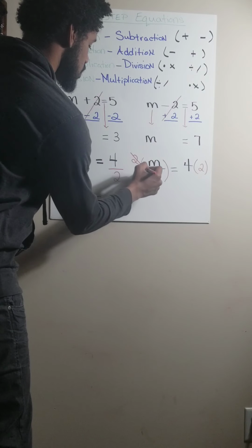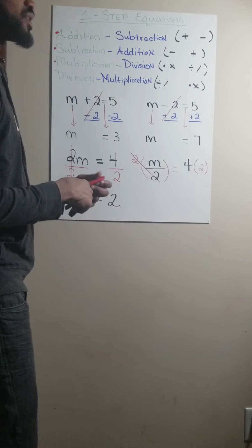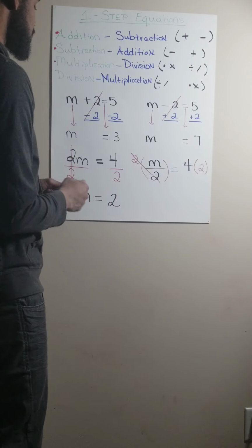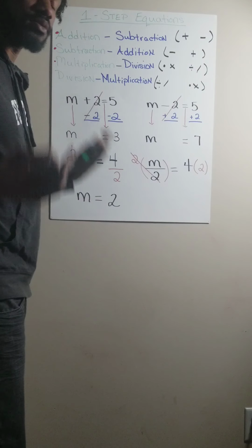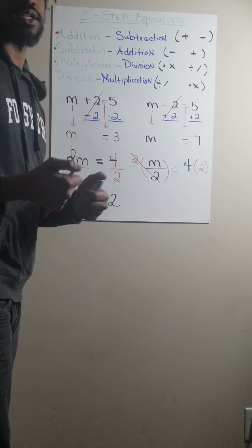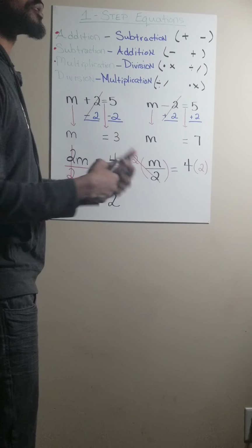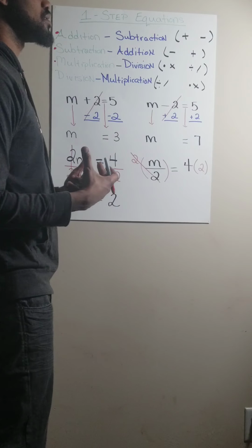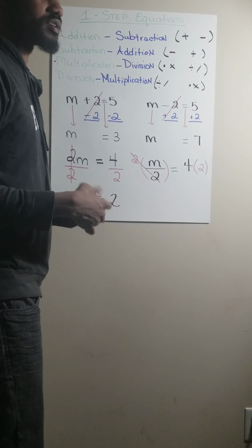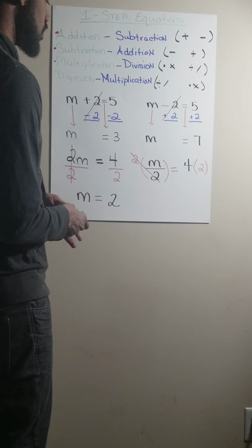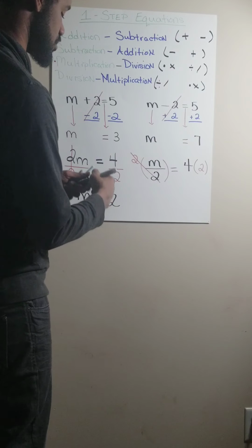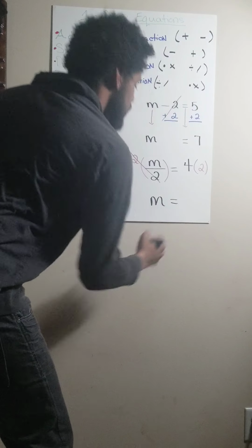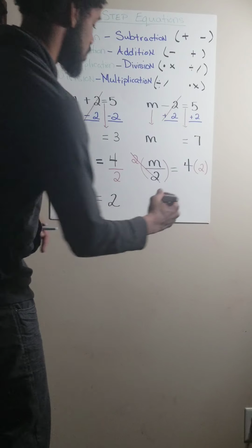You use the same number so that you can get rid of it. 2 divided by 2 is 1. You still need that basic concept, and that's a fundamental thing about mathematics. Once you get the foundation, you can do pretty much any step in mathematics if you put your mind to it. So 2 divided by 2 gives me my m, equals 4 times 2, which gives me my 8.